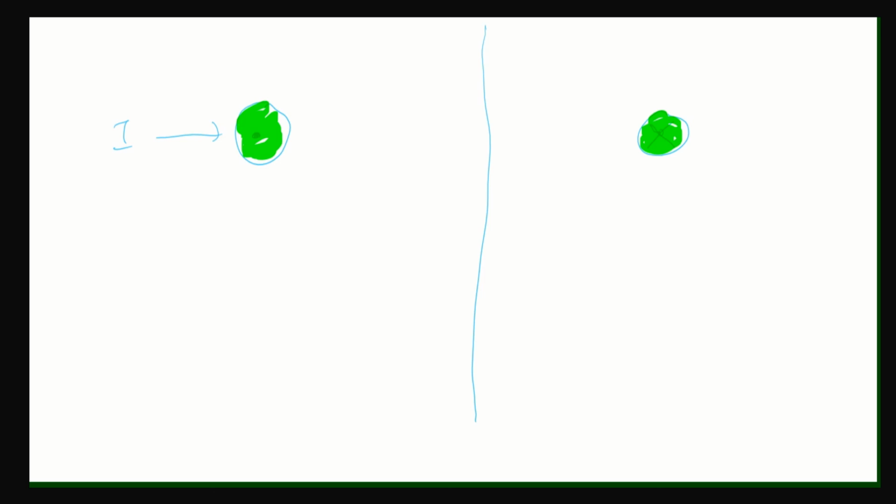So keep your pen in such a way that it is perpendicular to the screen, and then consider 2 points. Consider one point here on the left side of the wire, and one point here on the right side of the wire. Now if you keep your thumb towards your face, because current is coming out, place your right hand thumb in such a way that it is coming out of the screen, and then look at the curling of your fingers.